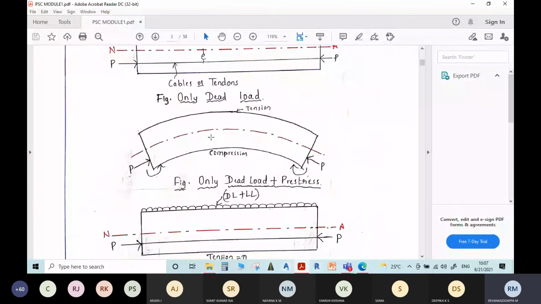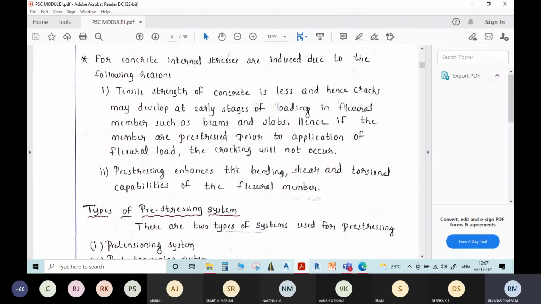So this is a transfer condition, without live load. When you apply the live load here, it will be reversed. The bottom fiber will undergo tensile stresses and the top fiber will be subjected to compressive stresses. It will be reversed when you apply the live load. Therefore tensile stress will take place at the bottom fiber.